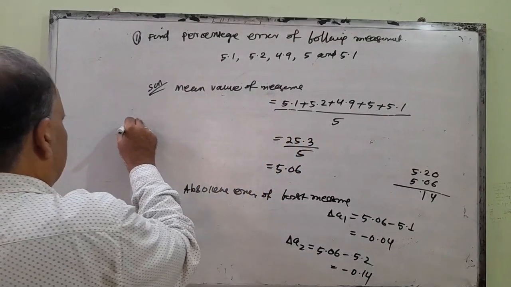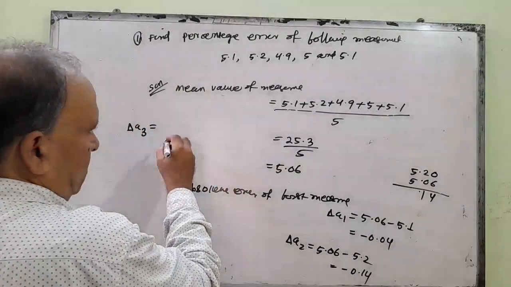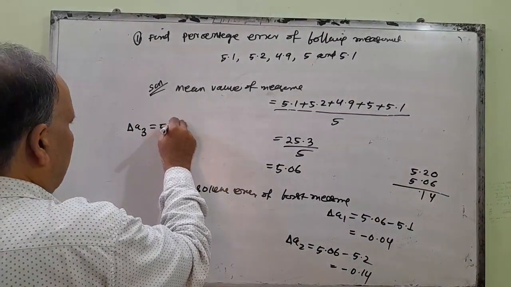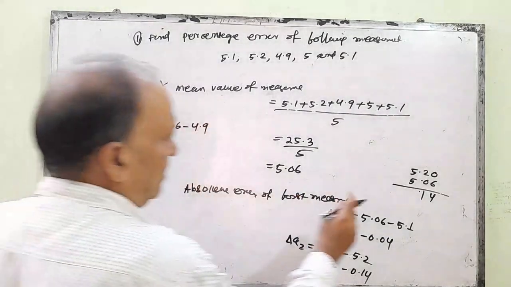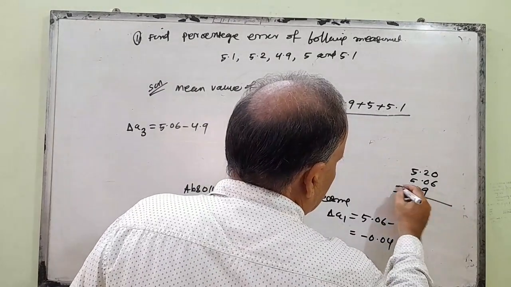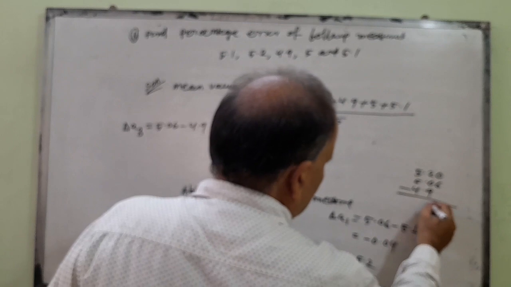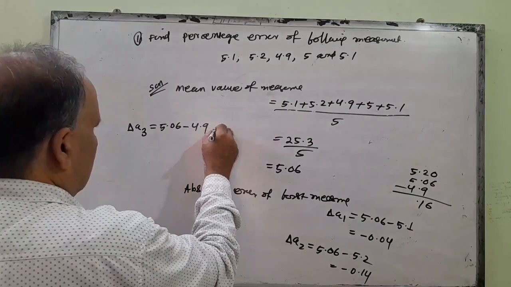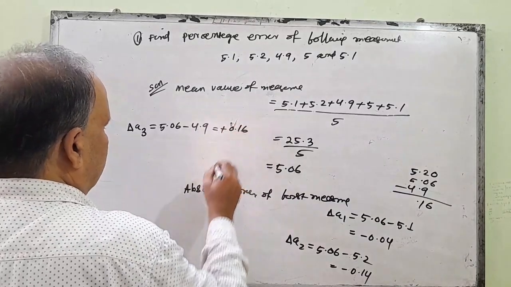Similarly, delta A3 is 5.06 minus 4.9, that is plus 0.16.